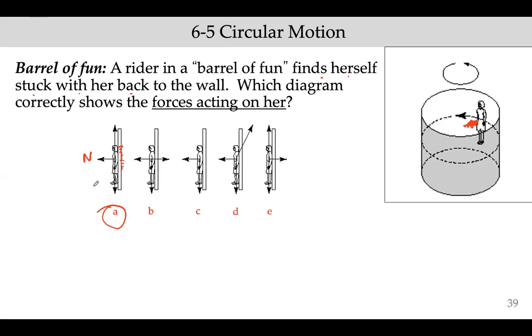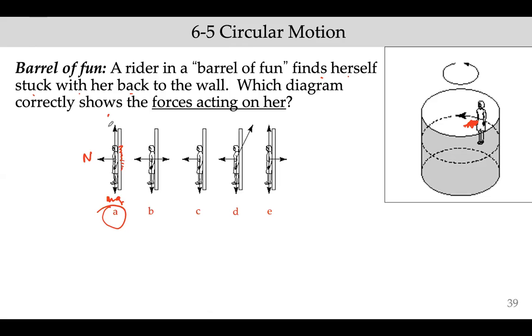What about the other forces? Well, I think all of them have mg. There's no debate about it. So mg is given. But now, if the person is staying on the wall, if she's stuck on the wall, then there should be some force. Normally because of the mg, she would fall down, right? So there should be some force that keeps her on the wall so that she's not falling down or sliding down. So there should be some upward force like this.